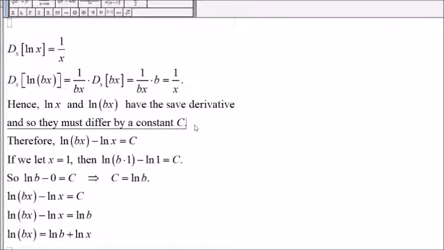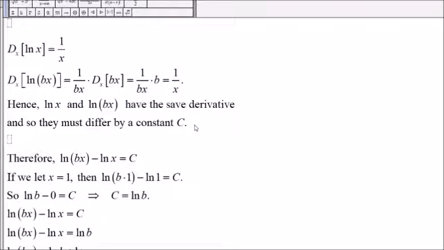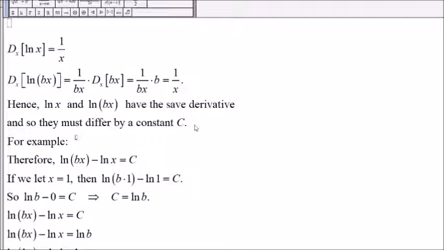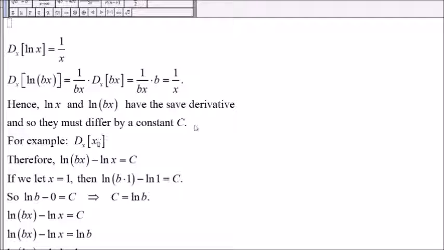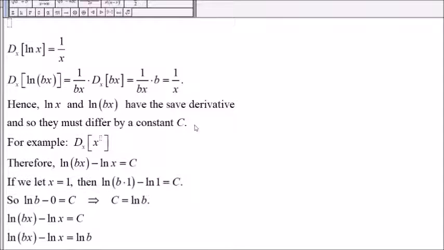So for example, if we have a function like x squared and another function like x squared plus 2, then the difference is just the 2. They both have the same derivative, so let's write this down. If we have x squared, then the derivative will be 2x.